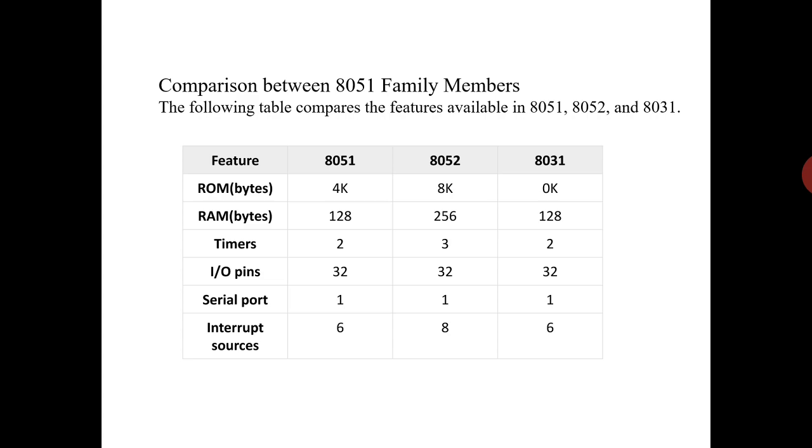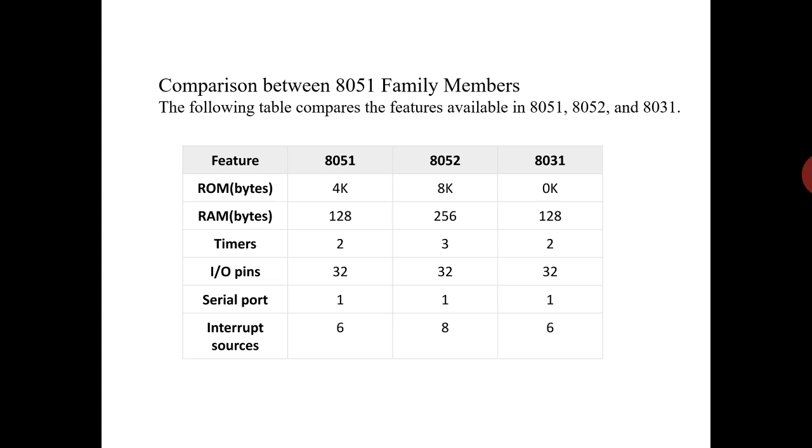ROM of 8051 is 4 kilobytes, 8052 is 8 kilobytes and 8031 is 0 kilobytes. RAM of 8051 is 128 bytes.